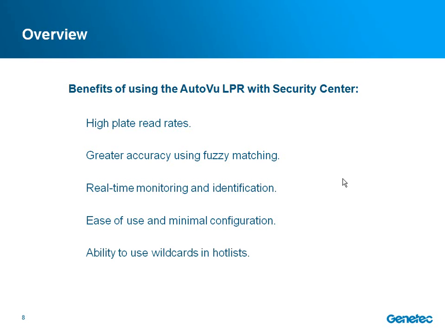Some of the other advanced features of the AutoView system are the ability to use wildcards and hotlists to identify partial plate matches, and international plate reading support to be able to read many different plate sizes, types, and styles. The AutoView integration with the Security Center Unified Security Platform replaces the previous Omnicast AutoView plugin and provides added functionality and flexibility.